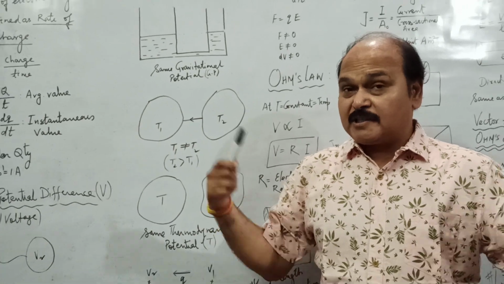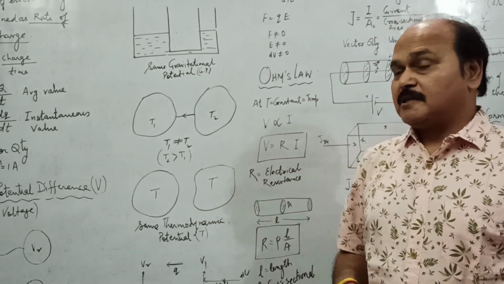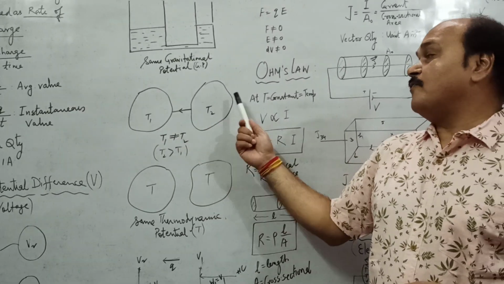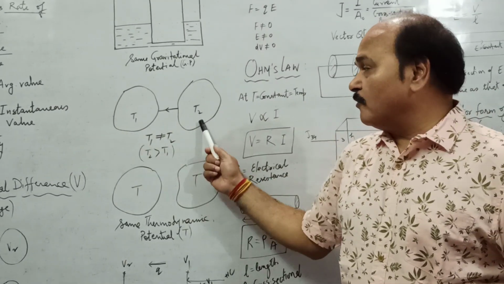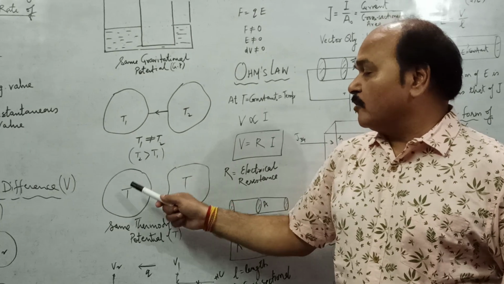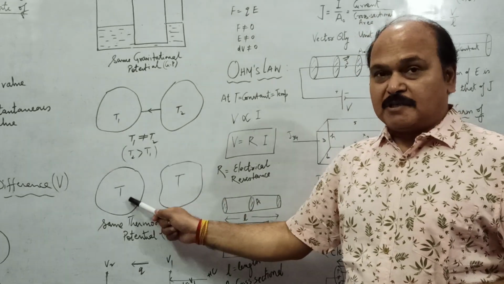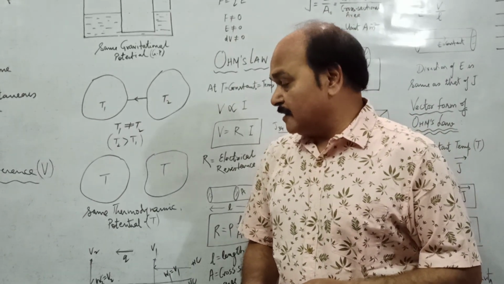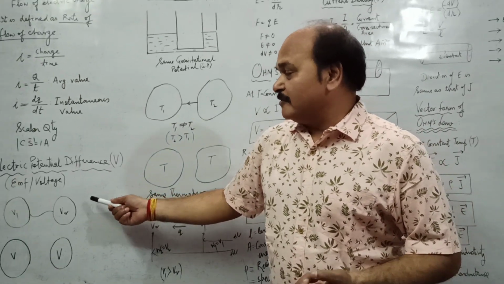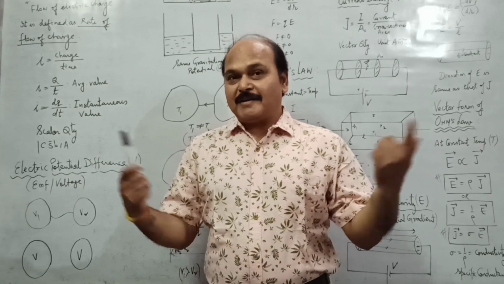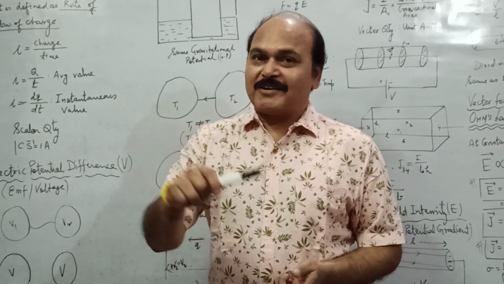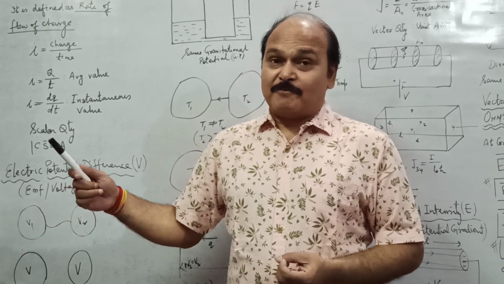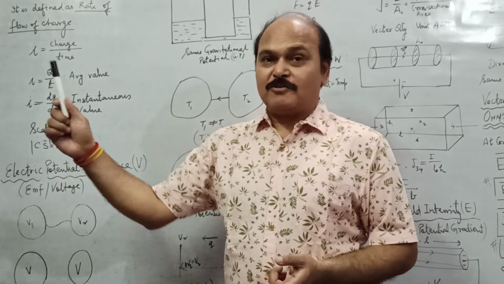If two bodies having different thermodynamic potential, which is called their temperature, are brought in contact, again the thermal energy would flow from one to another, until both bodies acquire the same value of temperature. Exactly in the same way, if two conductors have different electric potential and are brought in contact, the current would flow from one to the other, and positive charges flow from higher potential to lower potential.